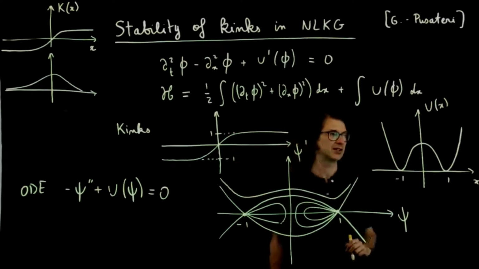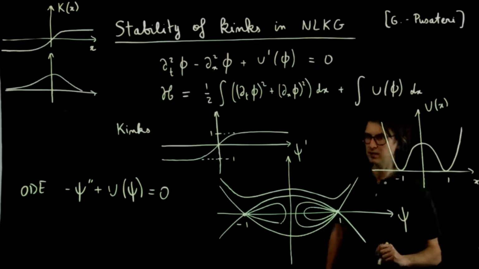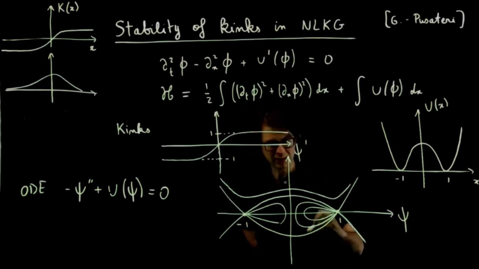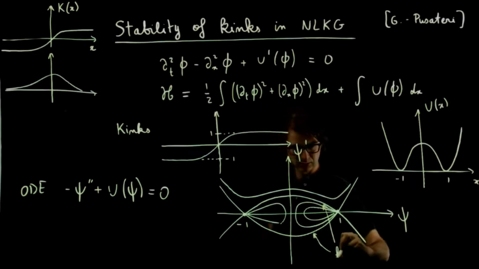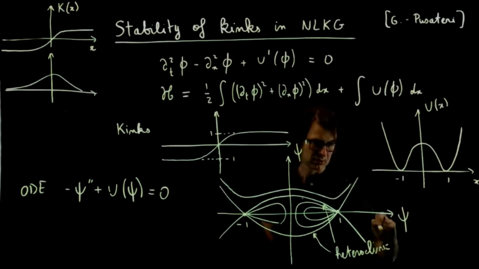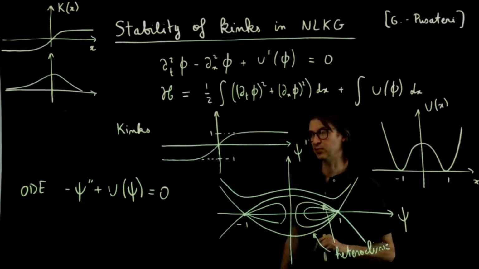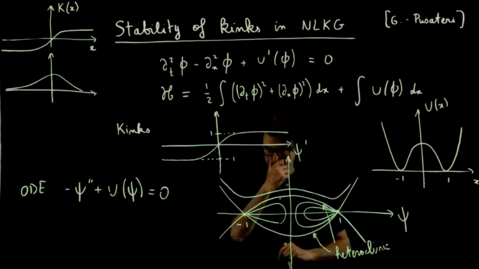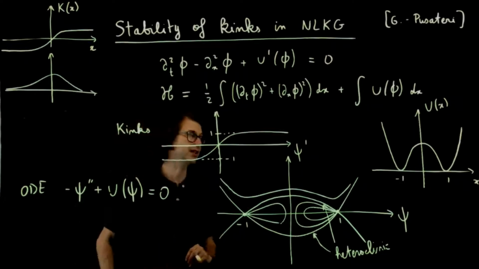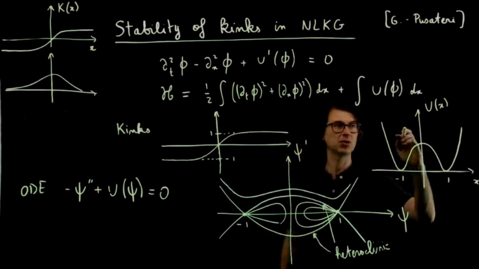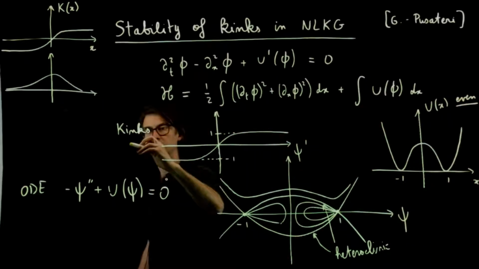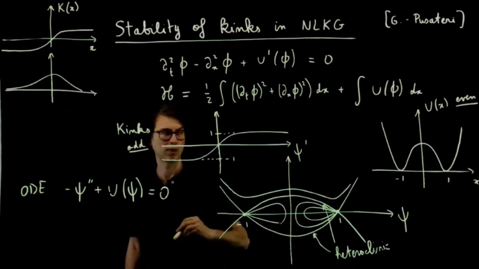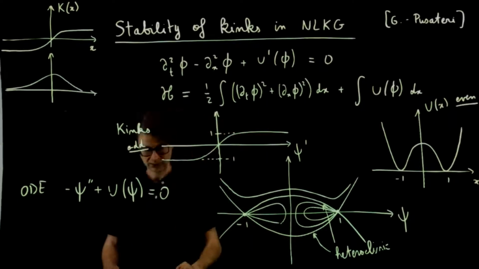I hope you get an idea of the phase space diagram, and you see there are two heteroclinic orbits. This one and this one. And these two heteroclinic orbits correspond to the kink and minus the kink. Right. I should say I will assume that U is always even. And the kink is always odd. Why that matters will soon become clear.